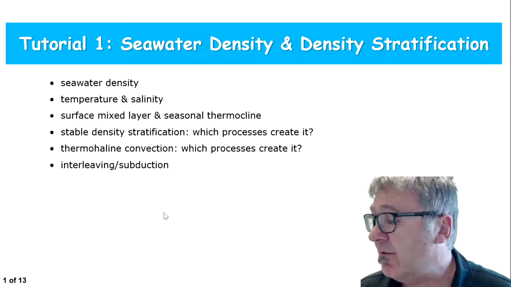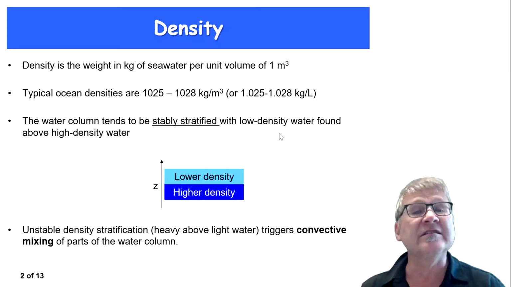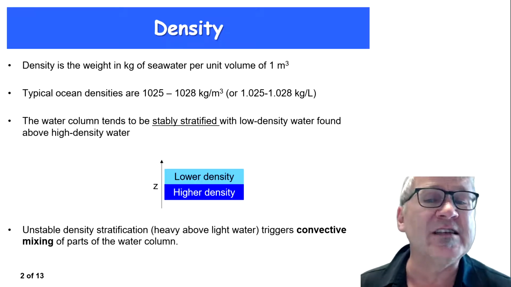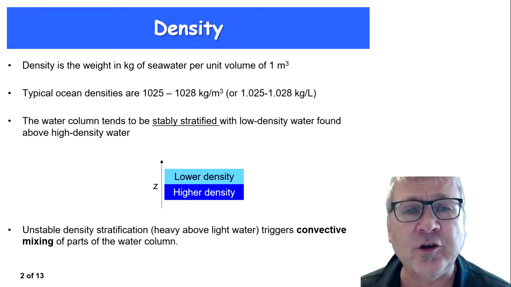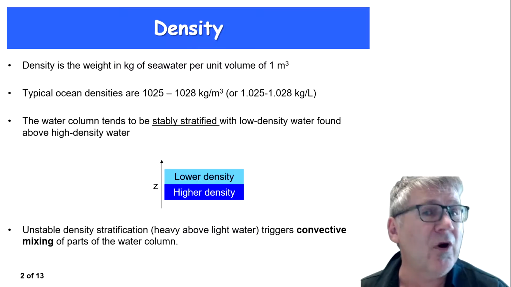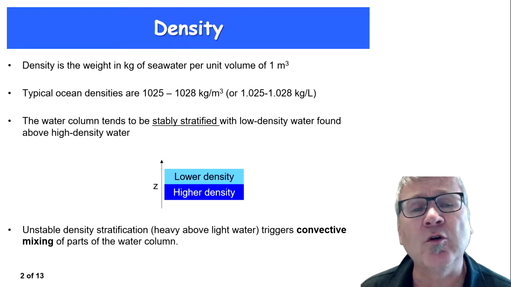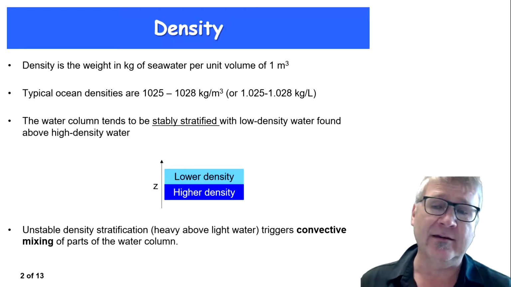So let's have a look at it. What is density? Density is the weight in kilograms of seawater per unit volume of 1 cubic meter. So you take a box of 1 cubic meter in size, fill it with seawater, and determine the weight.